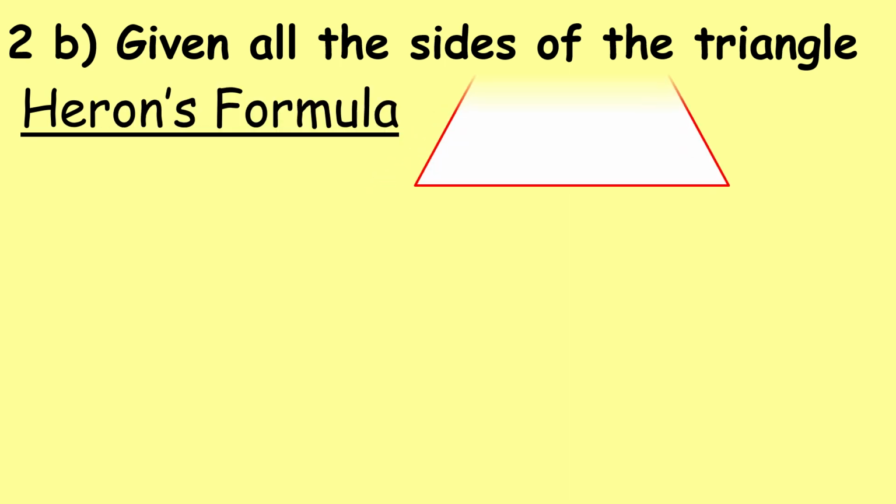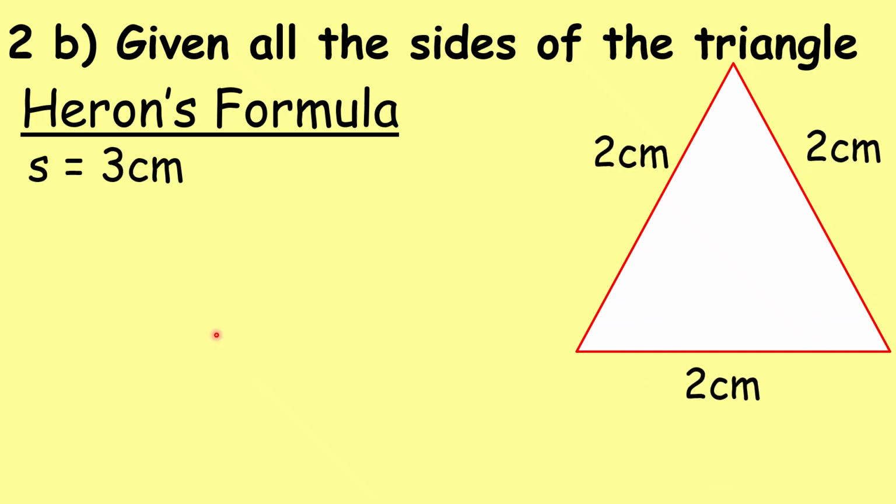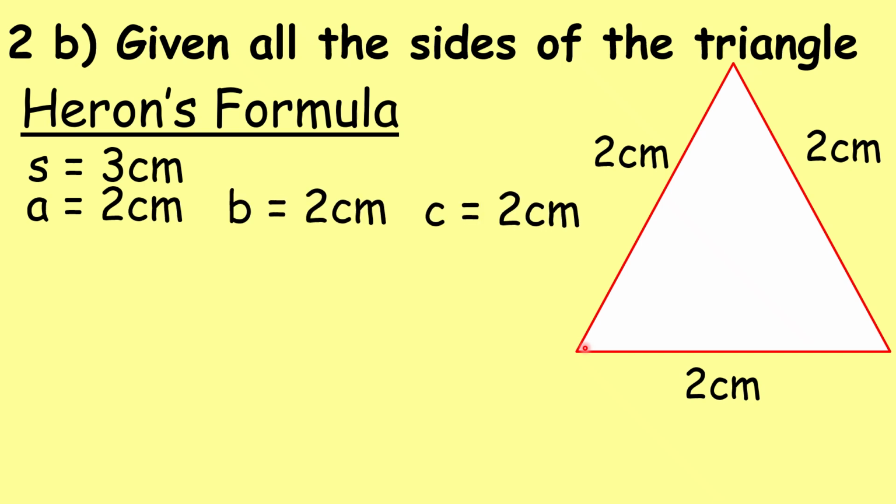Now that we have calculated the value of S, which is equal to 3 centimeters, and we know all the sides of this triangle, we know that our A is 2 centimeters, our B is 2 centimeters, and our C is 2 centimeters.